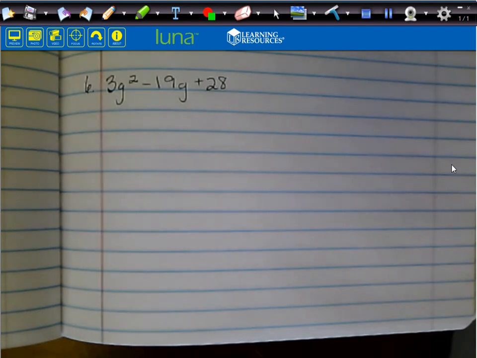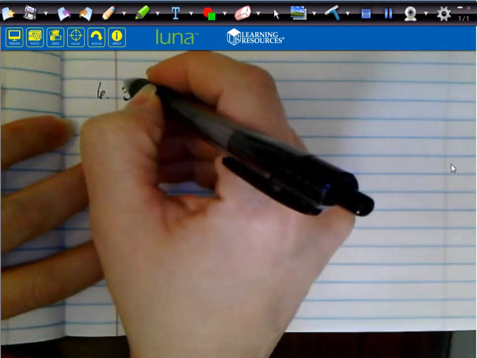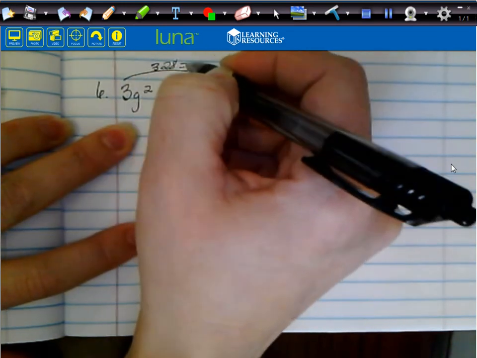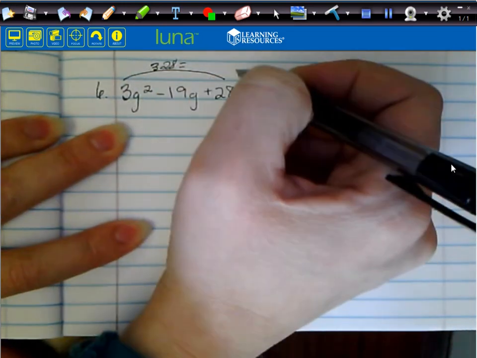And we look at our factors of 3, 19, and 28 on our factor sheet, and we do not have any common factors, sorry, that we can pull out here. So the first thing we're going to do is look at our first term multiplied by our last term. We have 3 times 28, and that is going to give us 84.